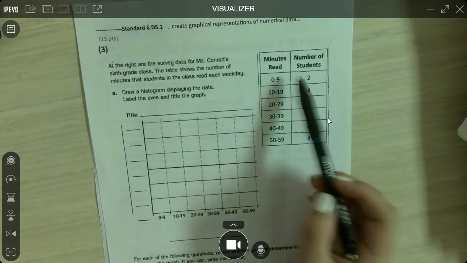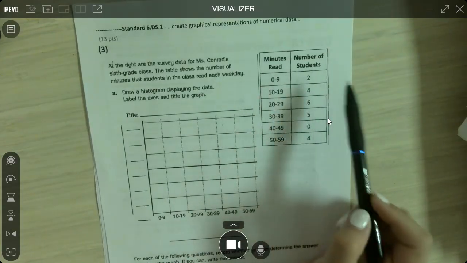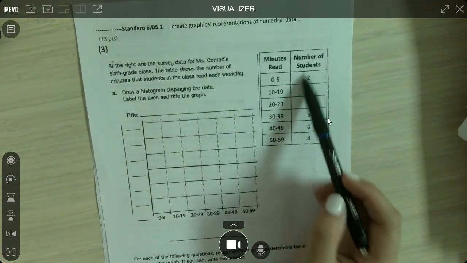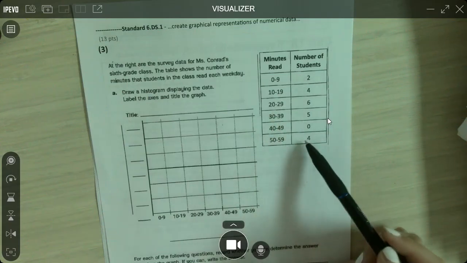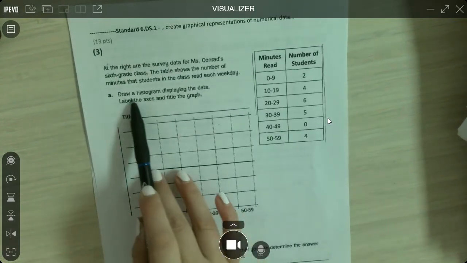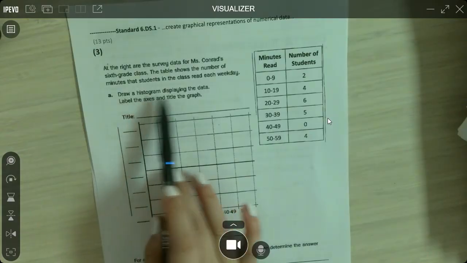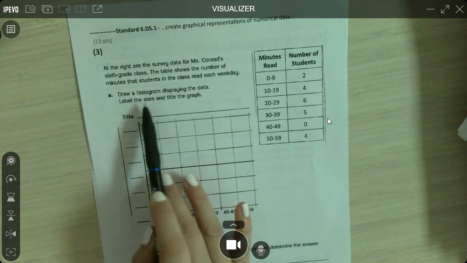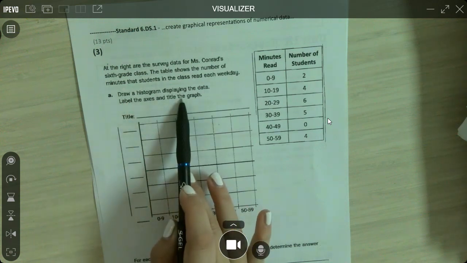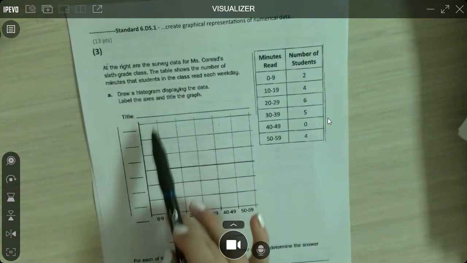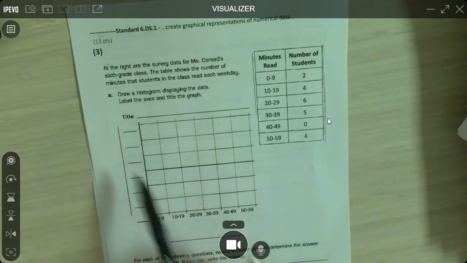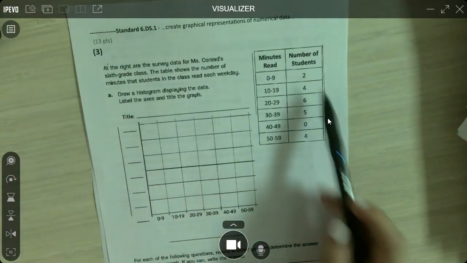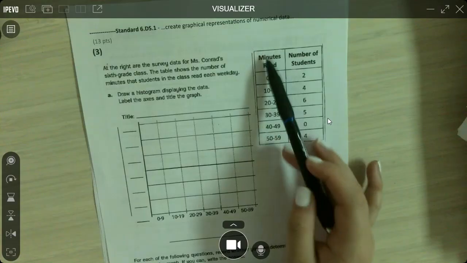Okay, so it's giving you your interval right here, and it's giving you the number of students right here. We need to draw a histogram displaying the data, and then it says make sure you label the axes and title the graph. Okay, so you're going to find your title and your labels from this chart right here.